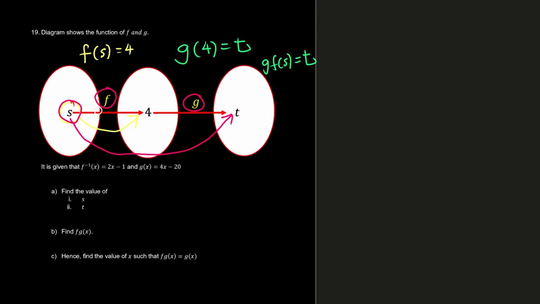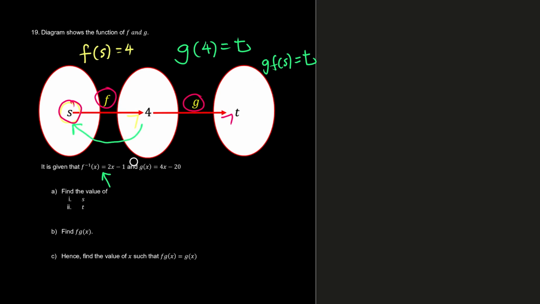Once we have this for everything, we can start to read the questions now. It's given that F inverse is equal to 2x minus 1. But do we have F inverse here? No. Would we be able to find it by ourselves? Yes. F inverse is just reversing the directions. If I inverse this one, I reverse the directions.